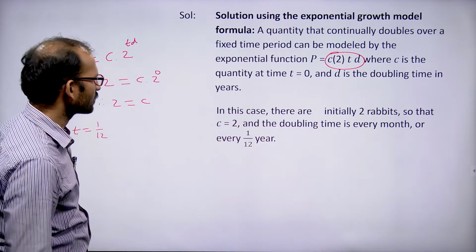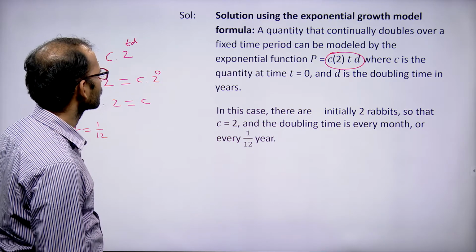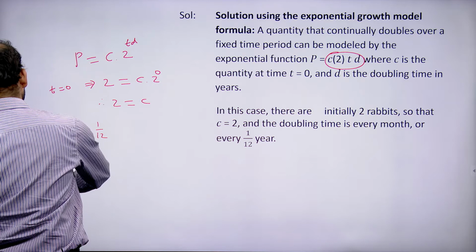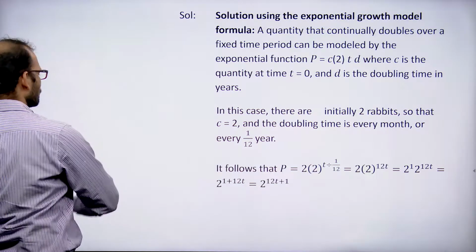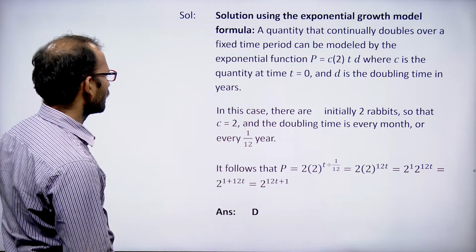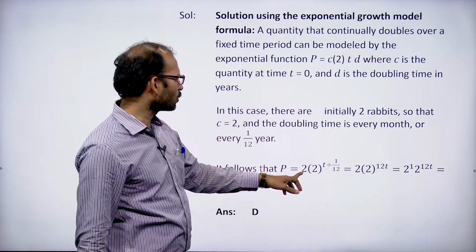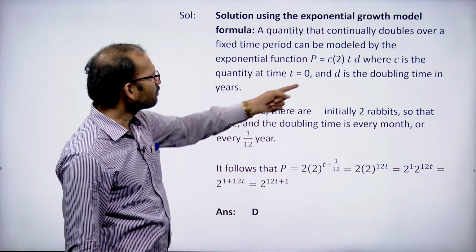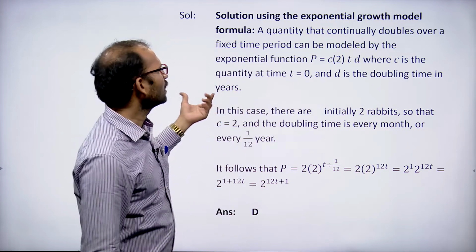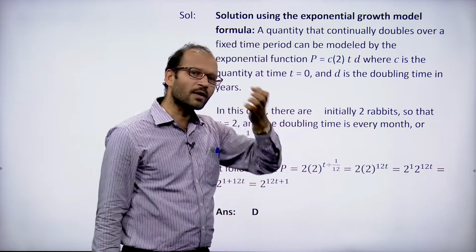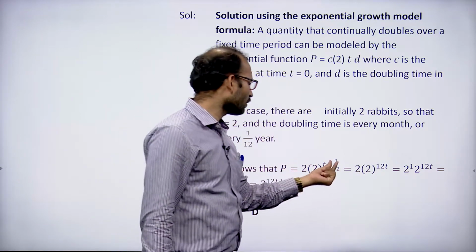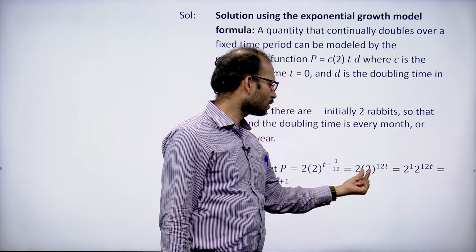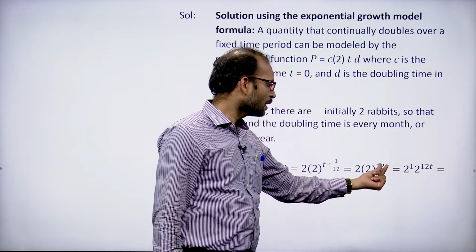Okay. Let us see. It follows that P equal to 2 into 2 power T divided by 1 by 12. Why? Because here D is the doubling time in years. In how many years is it doubling? Every 1 month it is doubling. So T divided by 1 by 12 gives 12T, that is P equal to 2 into 2 power 12T.